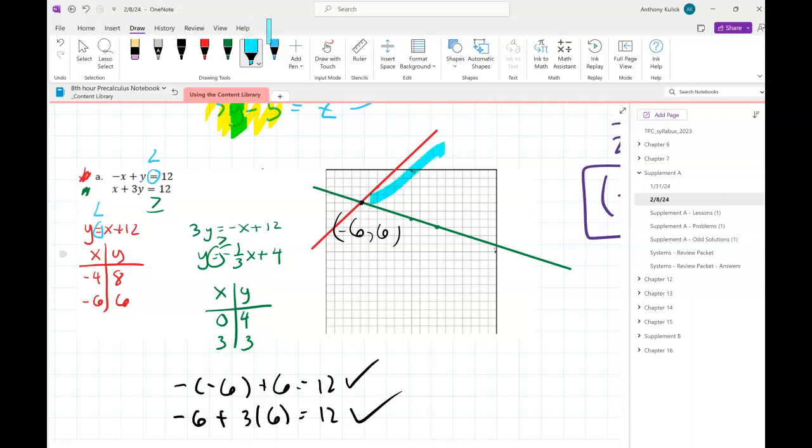So our shaded region would be like there, but our red line should be dashed. Okay, and then red is just below. So below the red and above the green is the blue region that I shaded. Does that make sense?